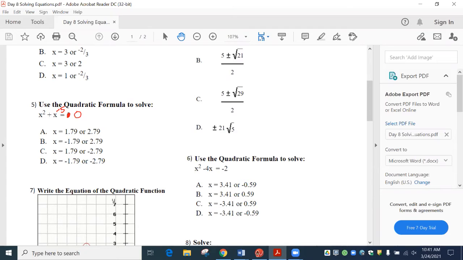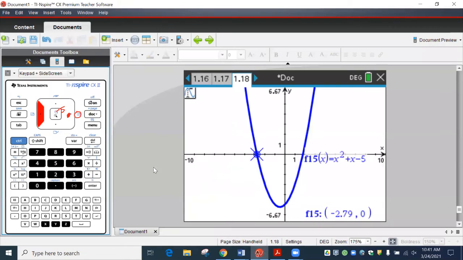The answer is, if my answers look like equations, then we type it in and match the color. But if my answers are just numbers, then we hit menu 5-1. So on this, we're going to hit menu 5-1, and then we're going to go find our 2 answers.